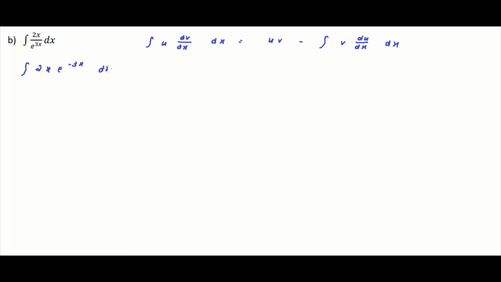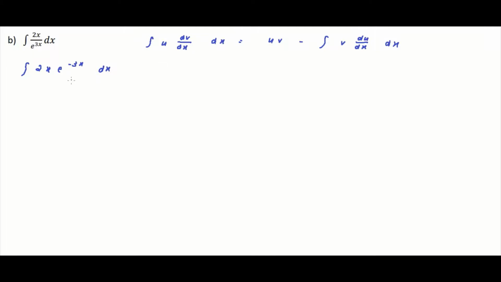Now the same thing, you need to decide which is your u and which is your dv/dx. As I said, normally if you have exponential and also trigonometry, the functions of exponential and trigo will be your dv/dx. It's the same thing as in a and b.